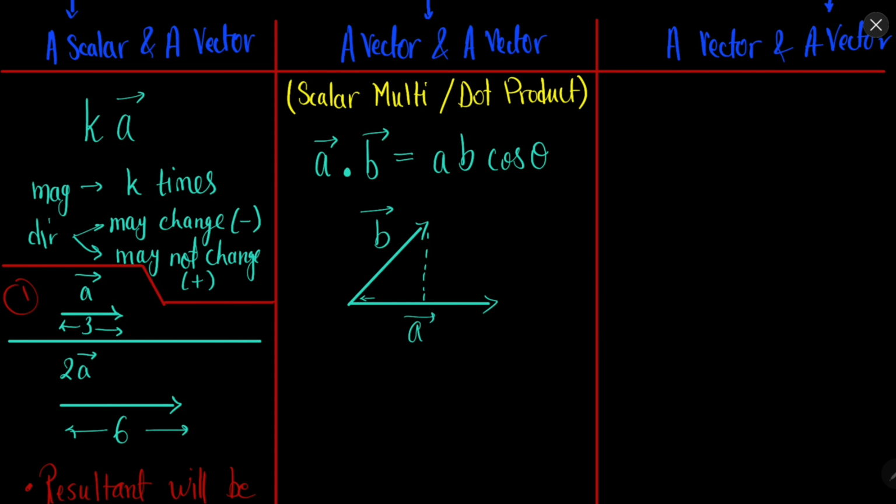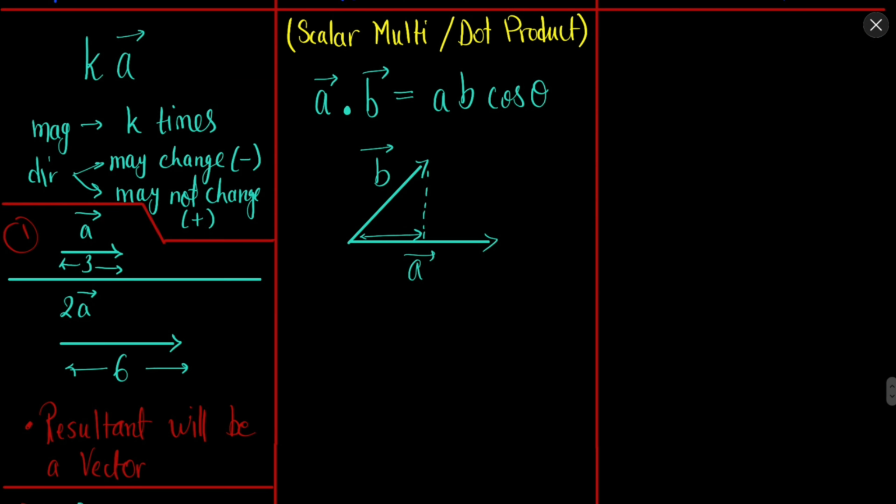This much is the projection of vector b in the direction of a. It is like a shadow. If the sun is here, the shadow of b will be like this. So the dot product tells us about the projection of one vector in the direction of another vector.